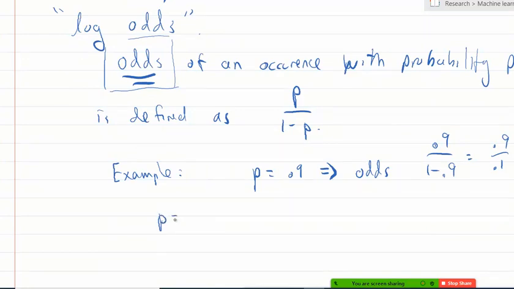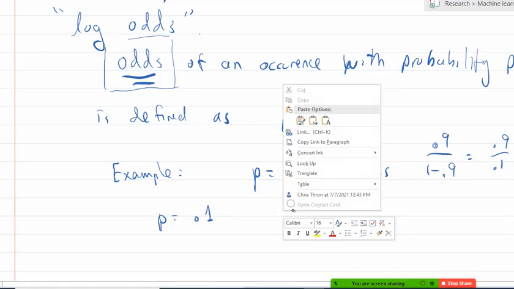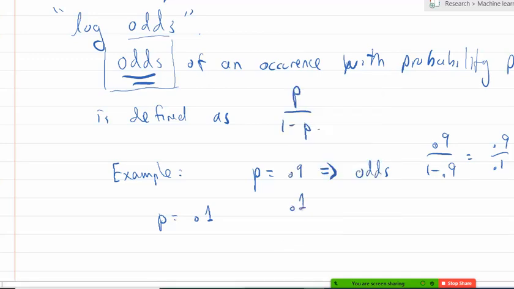If I take p equal to 0.1, I'm going to get 0.1 over 1 minus 0.1. So that's equal to 0.1 over 0.9, which is 1/9.